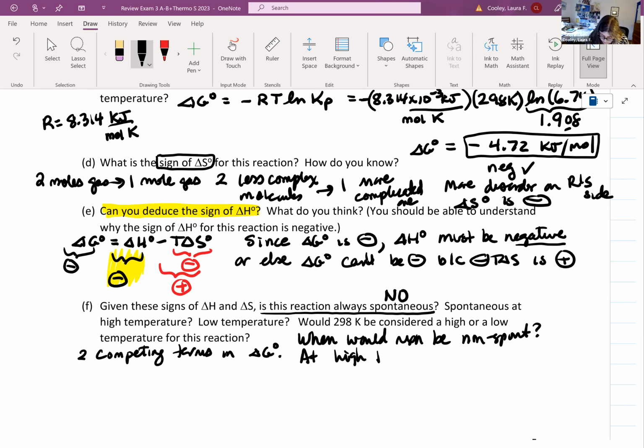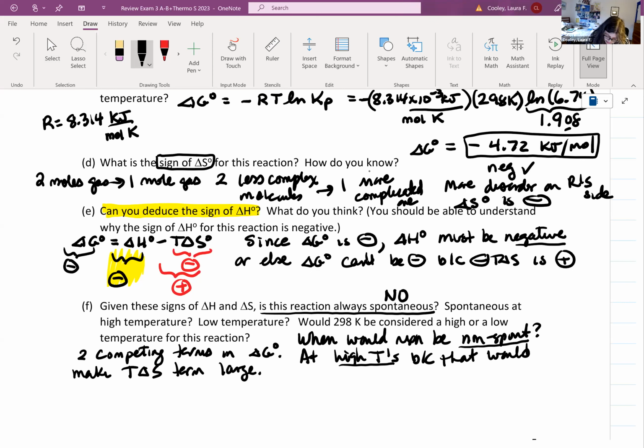And for exactly the reason you said, because that would make the T delta S term large. So that's when the reaction is non-spontaneous, at high temperature.